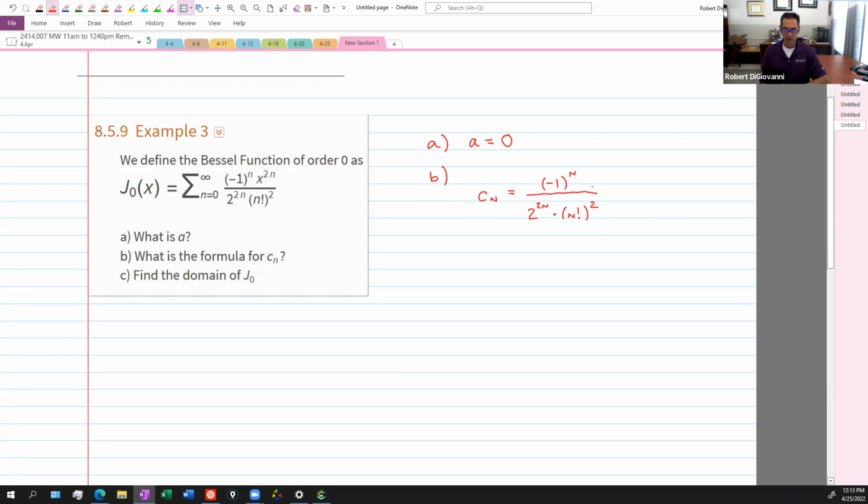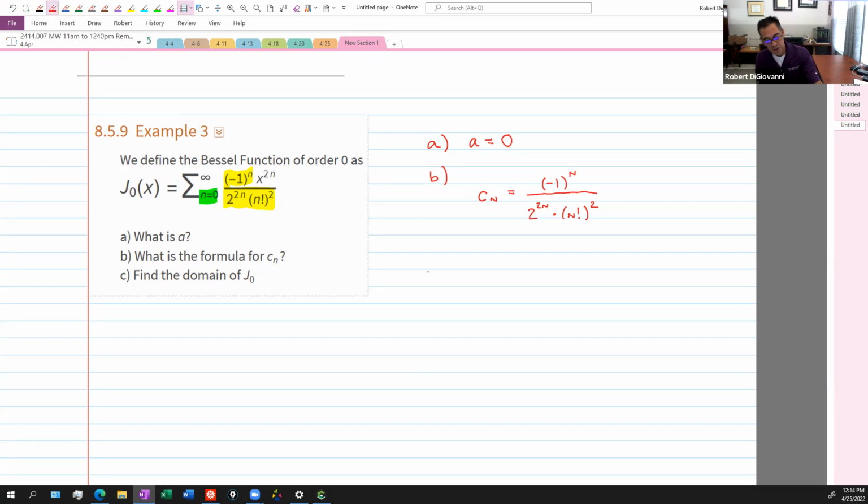Whoa, that's crazy. So that's everything that did not have the x in it. I just double checked to make sure I didn't have a typo. N starting at 0 is okay here, because if I plug 0 in for the factorial, 0 factorial is 1, so it is defined.